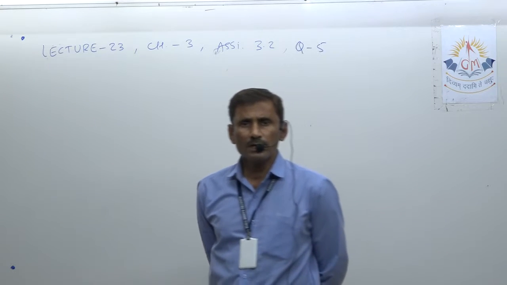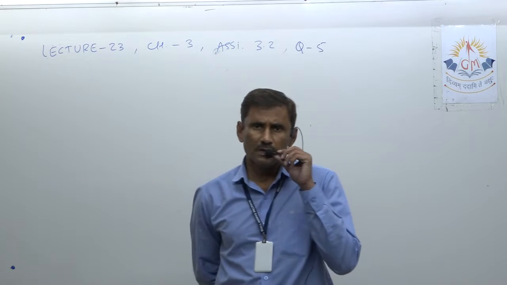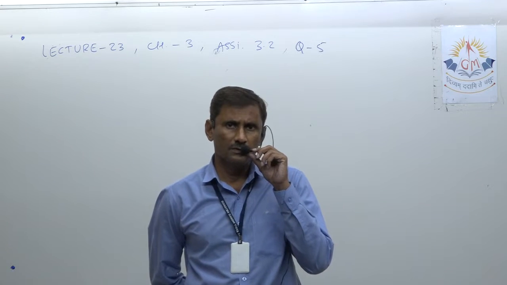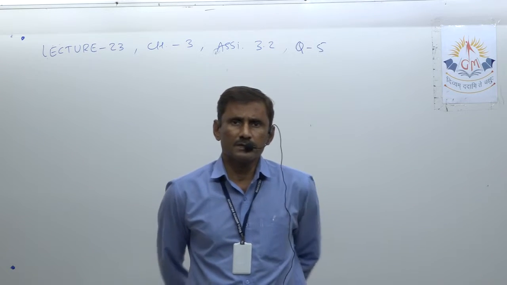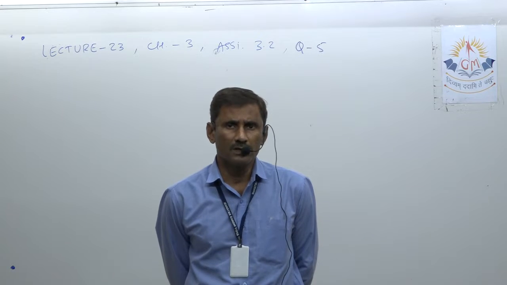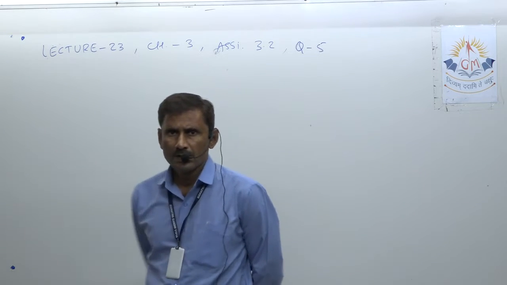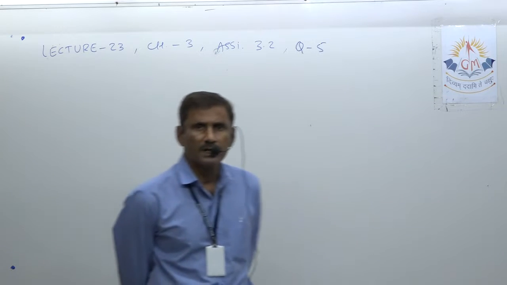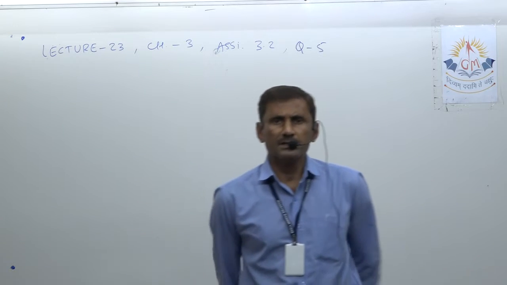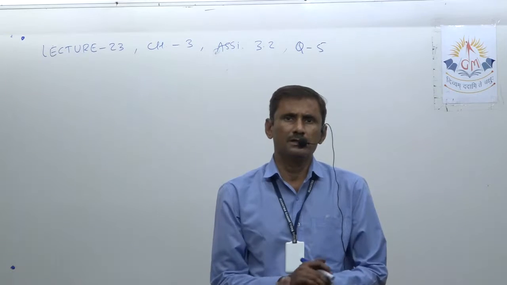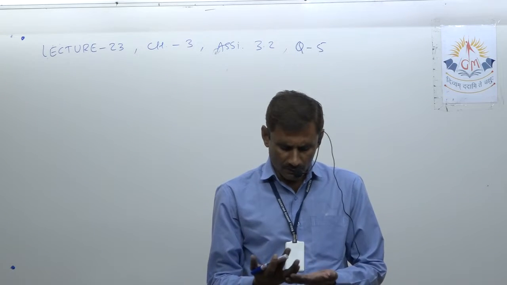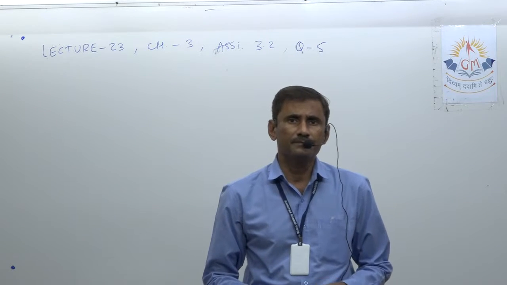You have solved many questions in homework also. There were 8 questions given in homework, and I hope you successfully solved all of them. If you make any calculation mistake, then you have to count it again and verify what type of mistake you are making there.